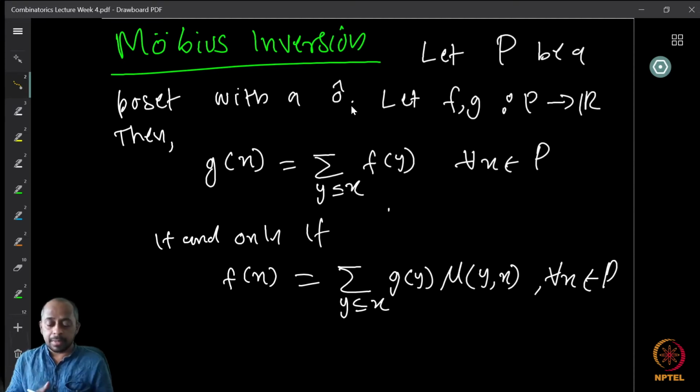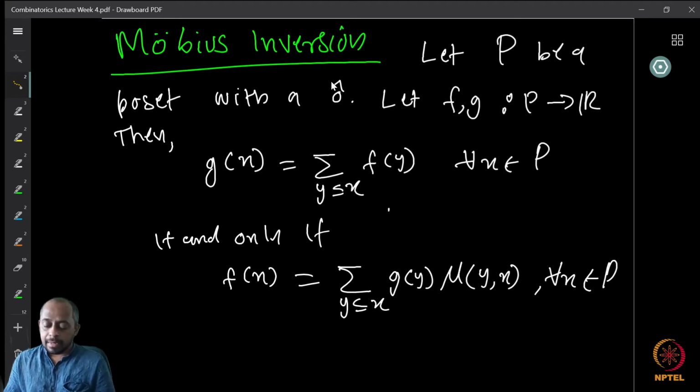If all its principal order ideals are finite, then we can do the same proof. It will work. The main idea is that when you telescope the sum, it should stop at some point. If you are considering finite posets, it's basically equivalent to the same statement, because you can always add a 0 and make it equivalent to this. But for our purpose, this is good enough.